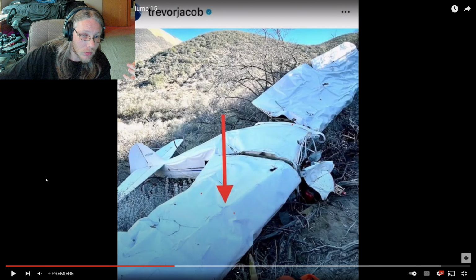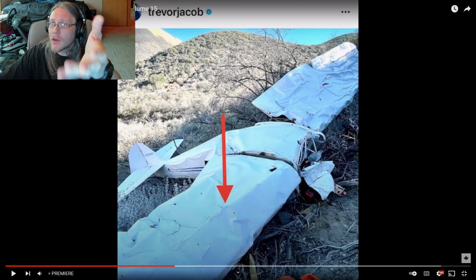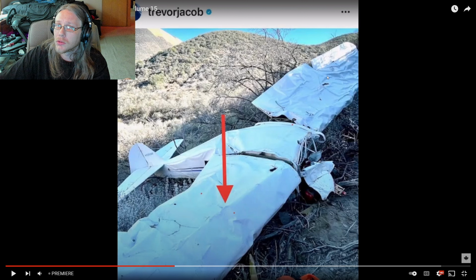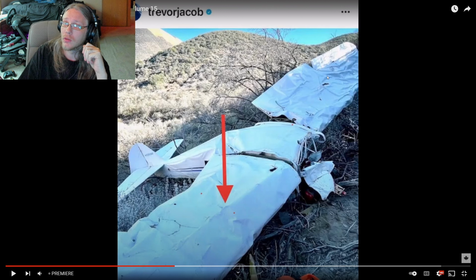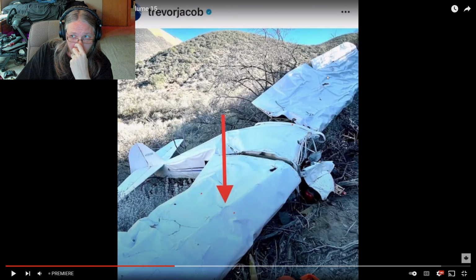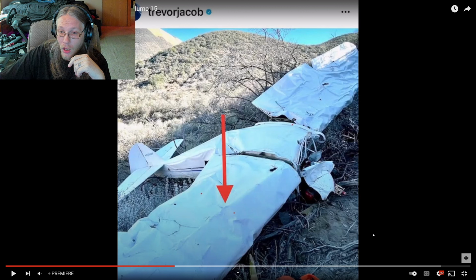Why would he manhandle this wing and throw it up on this bush? Why, if he was going to flip it over and try to reassemble, would he reassemble it half in a bush? How did he flip it over? How did he pick this thing up and flip it over? That's my curiosity. How did he flip it over?